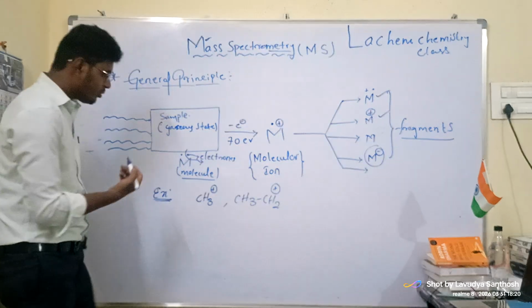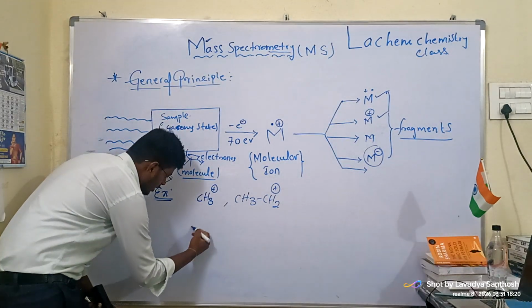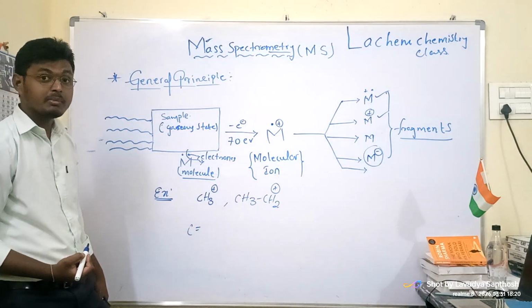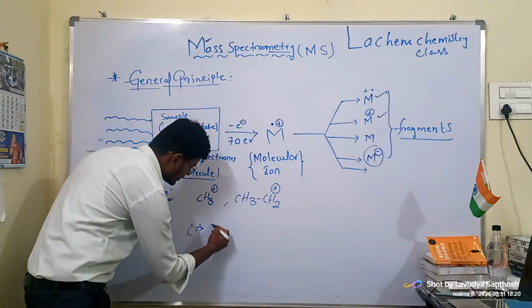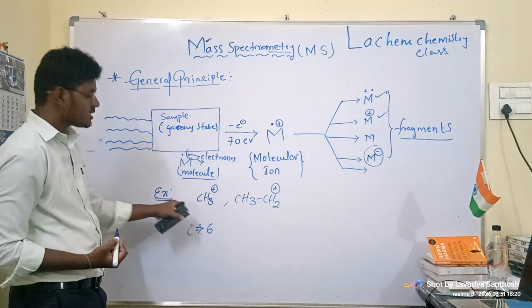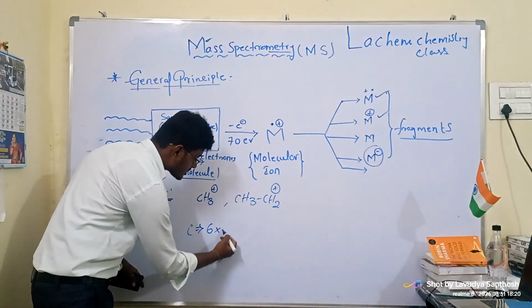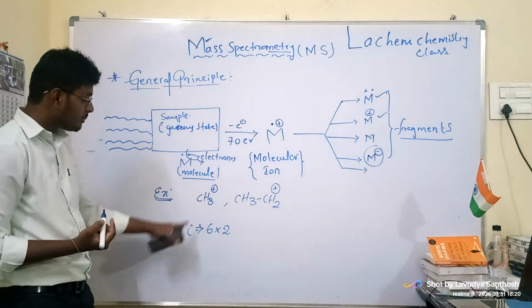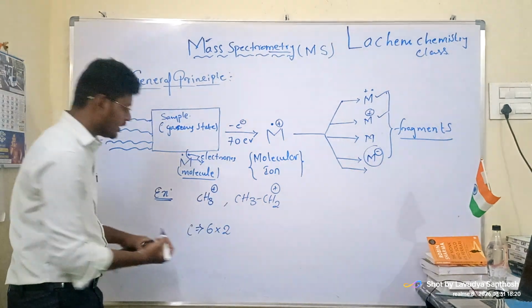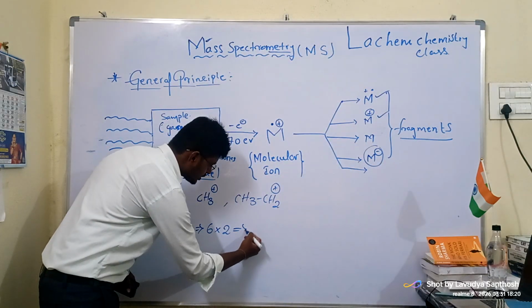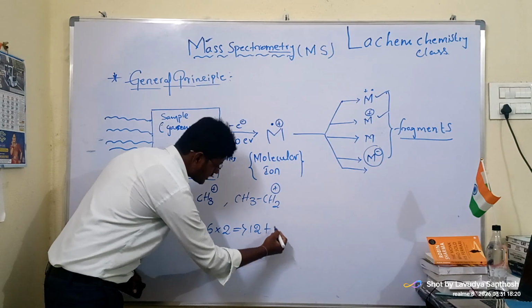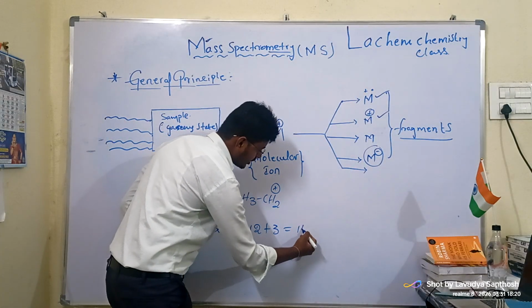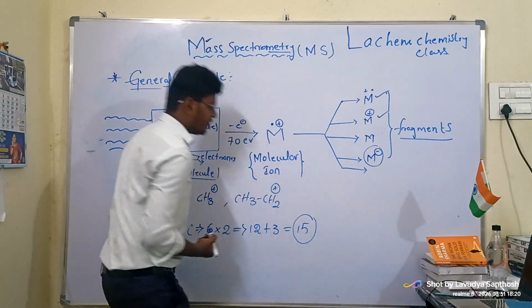Now you see, we know that carbon belongs to the fourth group and its atomic number is 6. Carbon is 6. I am not talking about electron counting, I will also tell you how to count electrons, but here the mass is 2 into 6, 12. 12 plus 3 is 15.